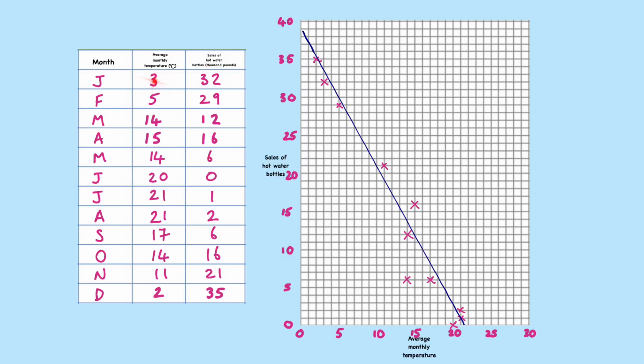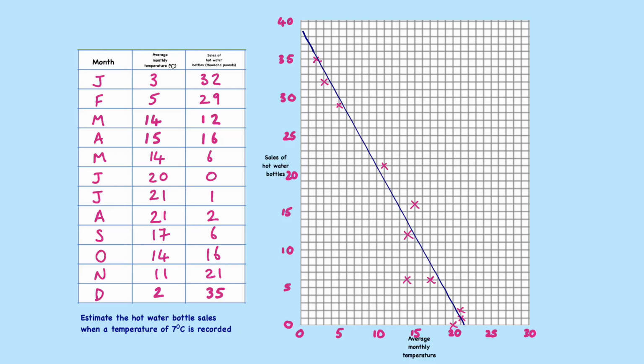So as a small temperature is recorded, a high hot water bottle sales is recorded, and we have a high temperature here and low hot water bottle sales. As mentioned before, if you wanted to estimate the sales of hot water bottles when we had a certain temperature, for example, estimate the hot water bottle sales when a temperature of 7 degrees is recorded.